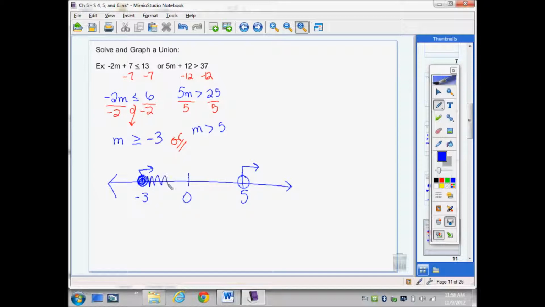We're going to shade the whole thing, because an or is a union, which means we shade both parts on the same graph. Having them go the same direction is usually pretty rare. More often than not, they'll go in opposite directions when it's a union. But sometimes it does happen that you go in both directions, so you just shade the whole thing, whichever direction it is that they're going.